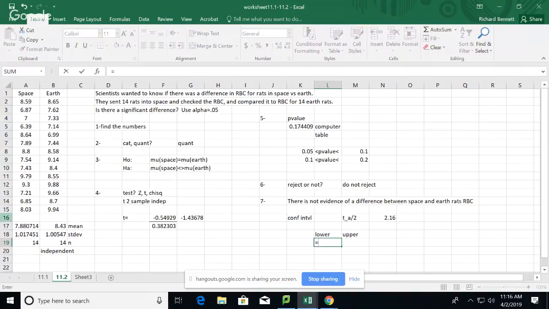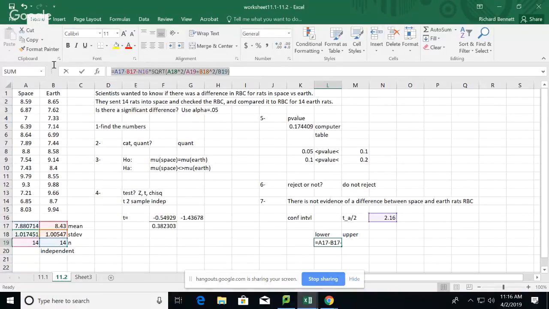It's going to be x1 bar minus x2 bar minus t sub alpha over 2, which is this number here, times the square root of s1 squared divided by n1 plus s2 squared divided by n2.